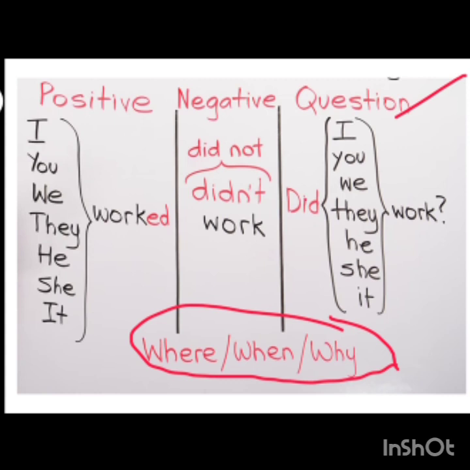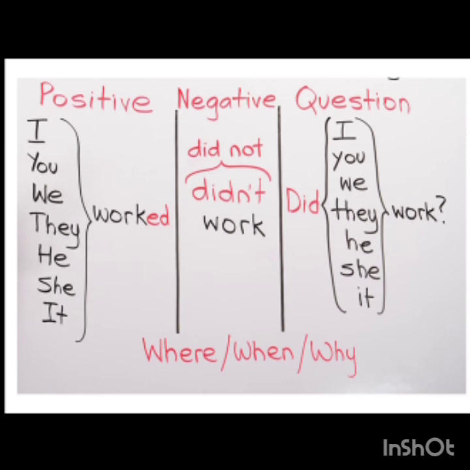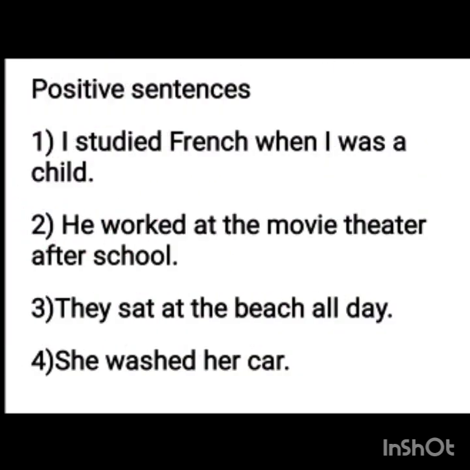Before did we should use where, when, why according to the sentence. For example, where did I work, when did I work, why did I work.